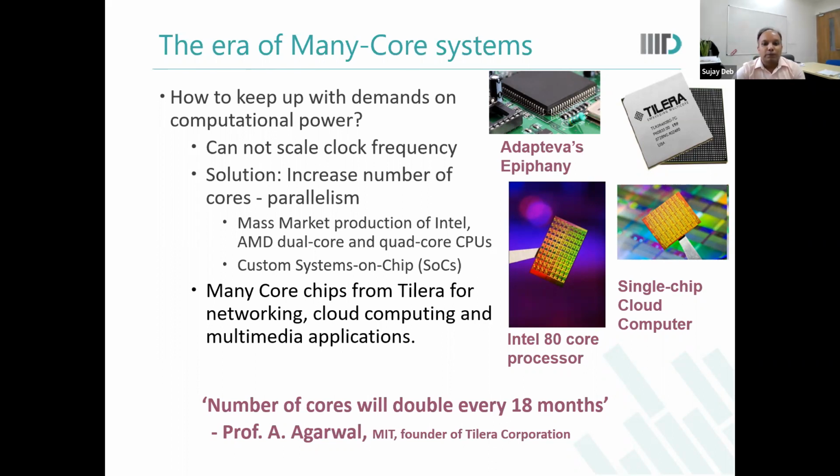There are many companies like Tilera, which is now bought by EZchip, which generates hundreds-of-cores systems for networking, cloud computing, multimedia applications, etc. There are some single-chip multi-core processors shown in this slide.